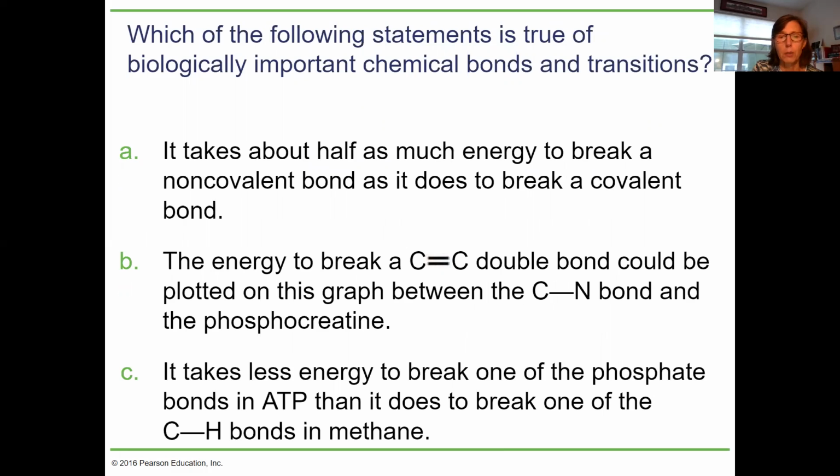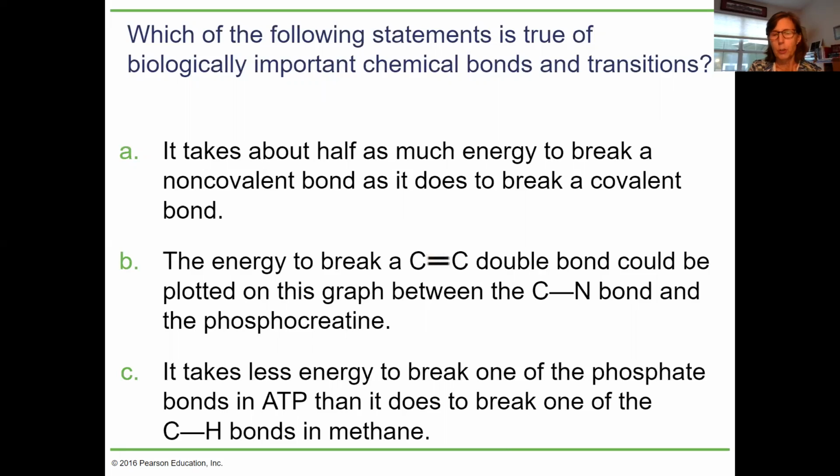All right, so there are some questions here. Which of the following statements is true of biologically important chemical bonds and transitions? Does it take about half as much energy to break a non-covalent bond as it does to break a covalent bond? The energy to break a double bond could be plotted on this graph between an NC bond and the phosphocreatine.